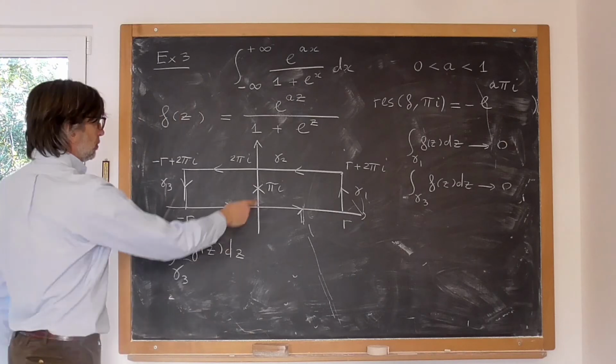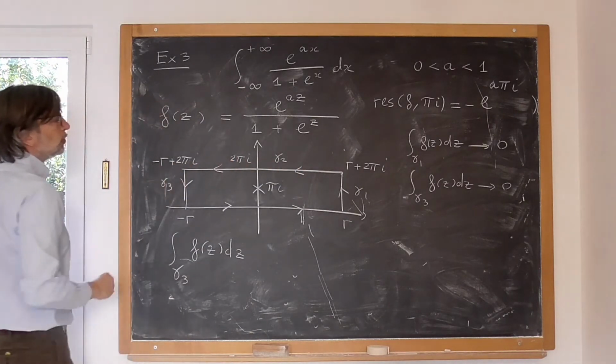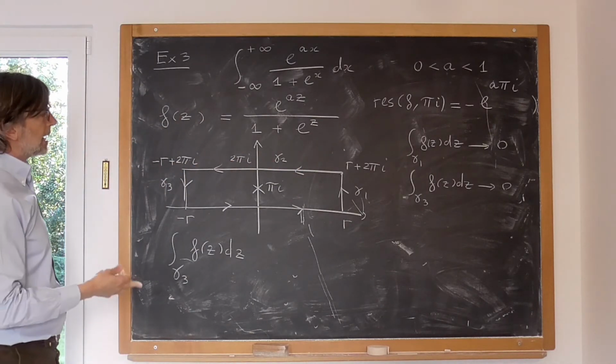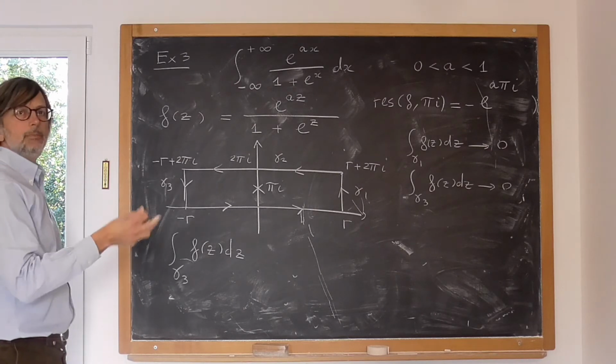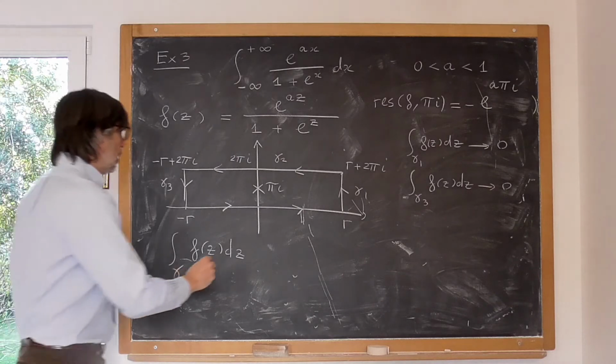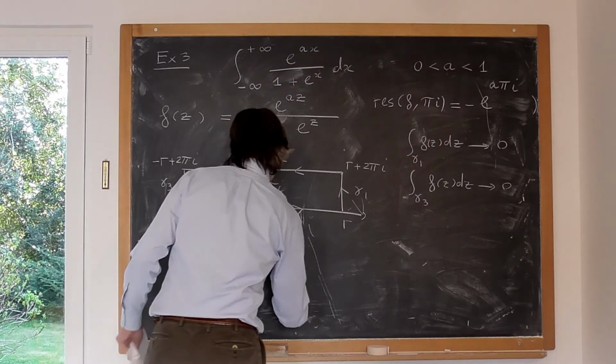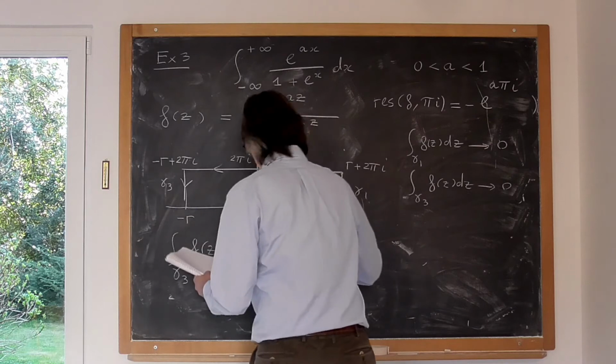And here, by parameterizing this interval in the obvious way, by the real variable x, writing z equal x plus 2pi i, after some computations you will get this formula.